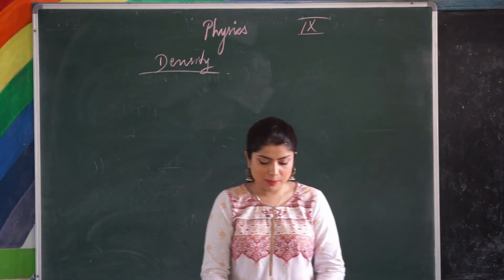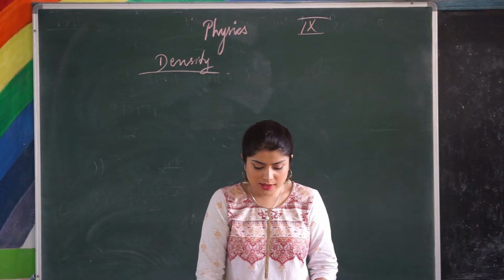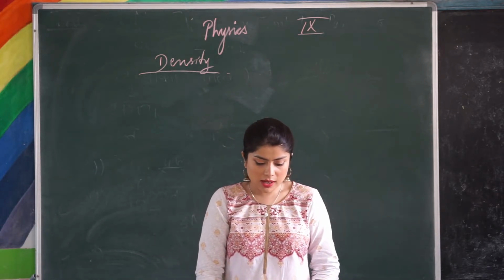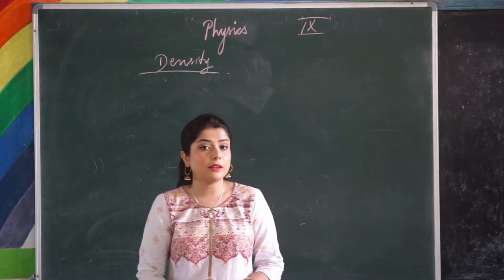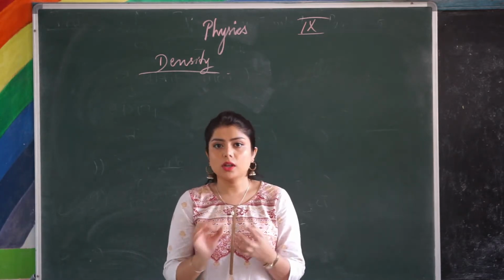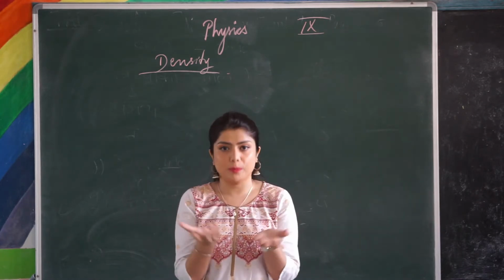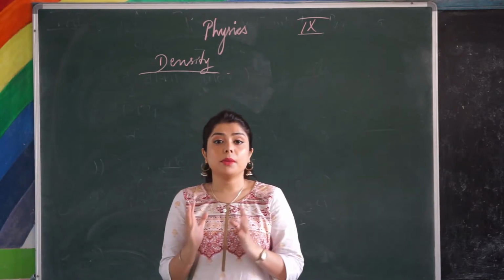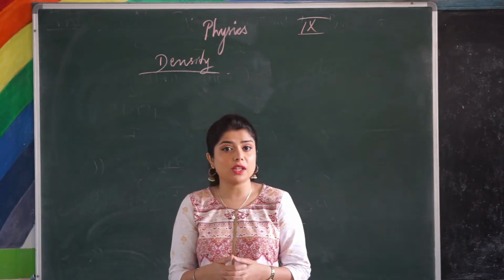A few examples: in the book, if equal volumes of different substances such as wood, iron, zinc, water, glycerin, mercury, etc. are weighed by a physical balance, we find that their masses are different. Now suppose you take a ball of cotton and a ball of iron, separately. What you can see is the volume, the space which they are covering, is the same, even though the mass of the two will be different if you weigh them.